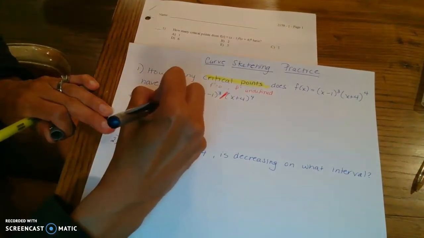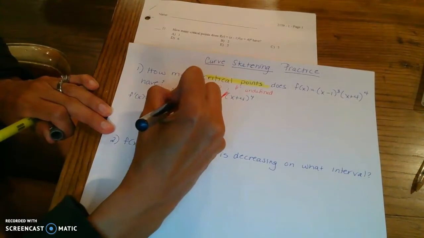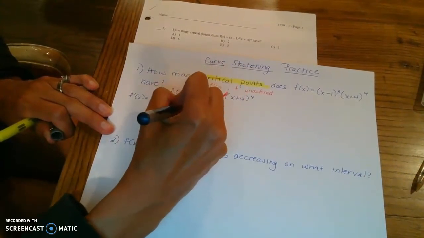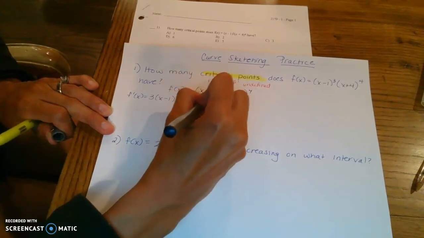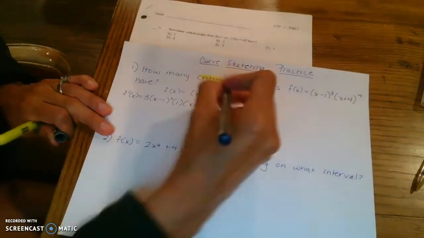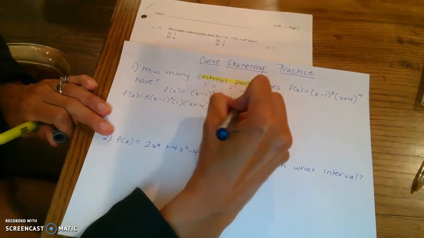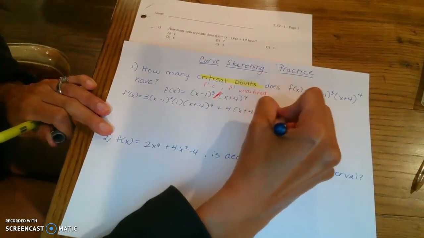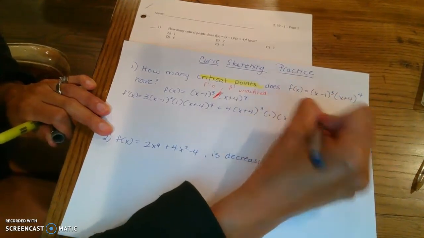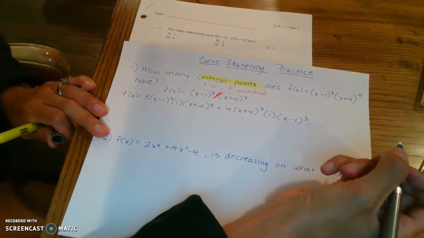So 3 comes in front, x minus 1 dropped down by 1, times the derivative of the inside, which is 1, times the second, plus the derivative of the second, and what you're going to do is set it equal to 0.